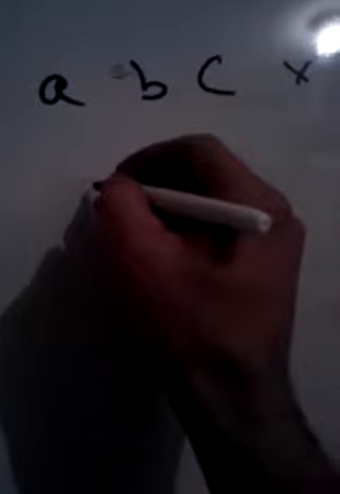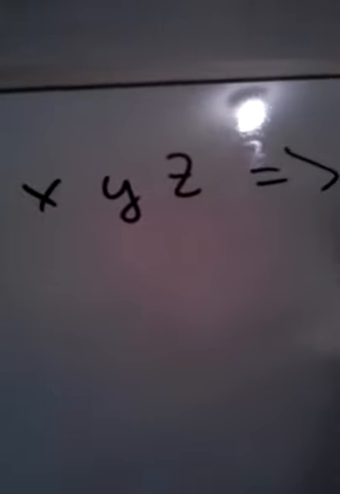Suppose we have the numbers A, B, C, X, Y, and Z, such that these all have a common prime factor.